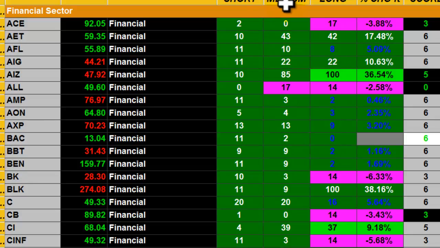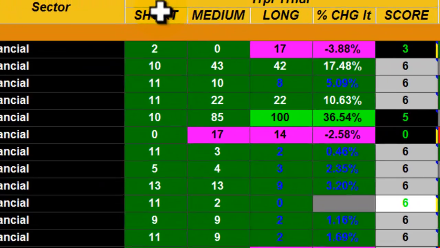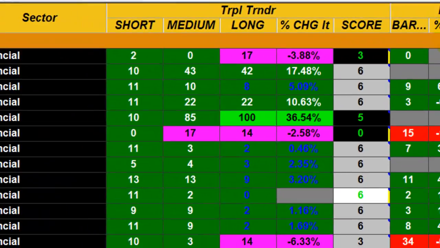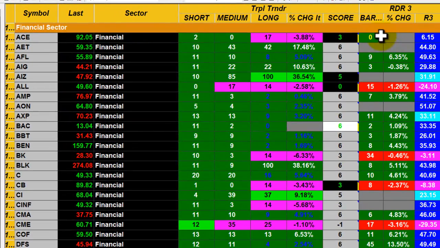Some of the tools I might want to use would be the TTB triple trender again, which identifies the strength of the three trenders, and the TTB radar 3, which gives me the value of radar 3 and how long ago it either changed colors or crossed zero. In this case, I have it set to zero cross.